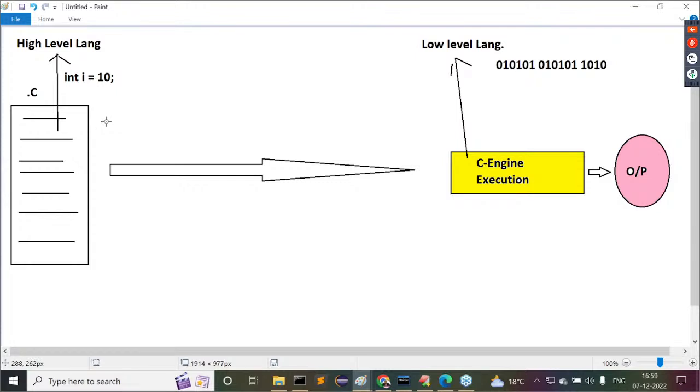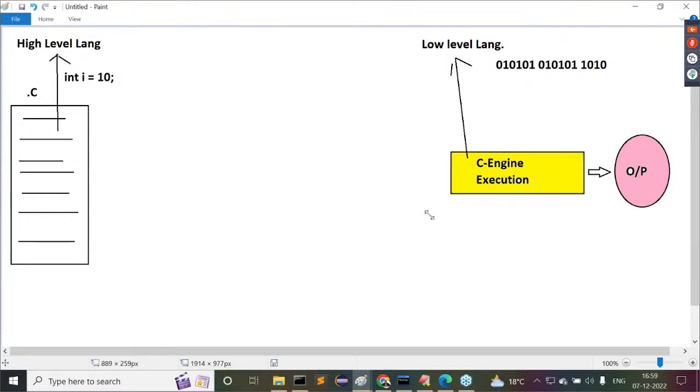Listen carefully. But still, if we want to execute our program, then what do we have to do now? There we have to think. Is there any chance to convert the program from high level representation to low level representation? Now our problem will be solved. If it is possible to convert the program from high level representation to low level representation, then our problem will be solved.